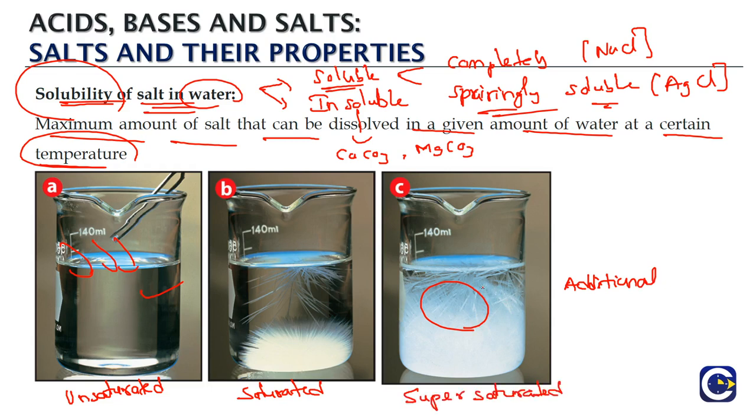But the moment we cool it, whatever extra amount was dissolved will start forming the precipitate, or it will start becoming crystals. So this type of solution, where we have dissolved an extra amount than the saturation level, we will call a super saturated solution. So this is how we will look at solutions in three categories: unsaturated, saturated, and then super saturated.